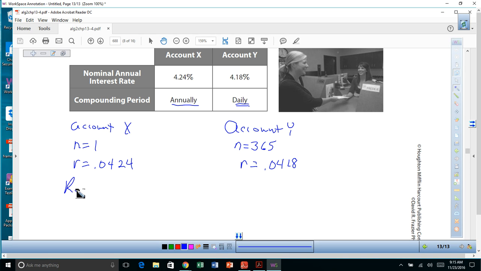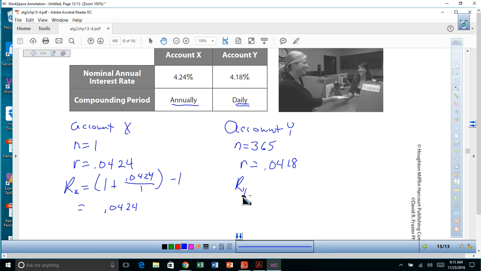Okay, so the effective rate will be 1 plus 0.0424 over 1, minus 1, which, put in your calculator, is 0.0424. All right, let's go over here.